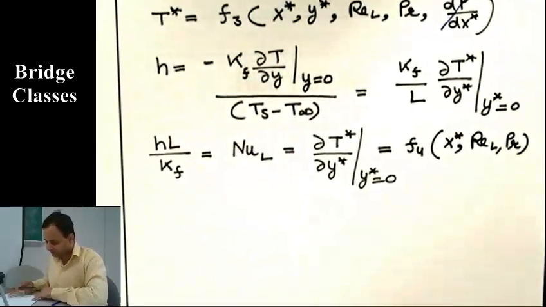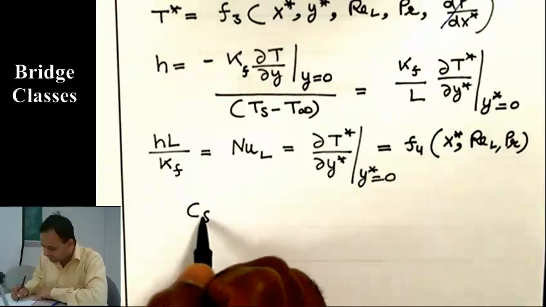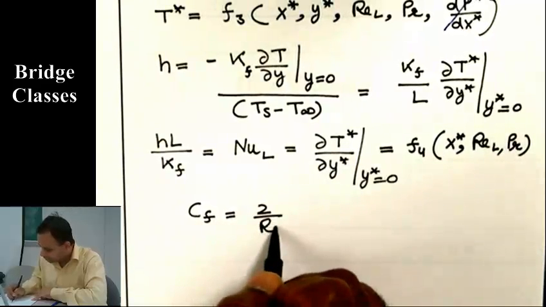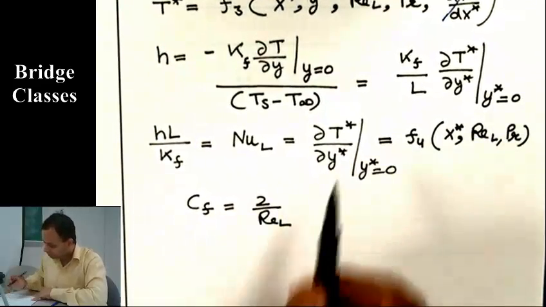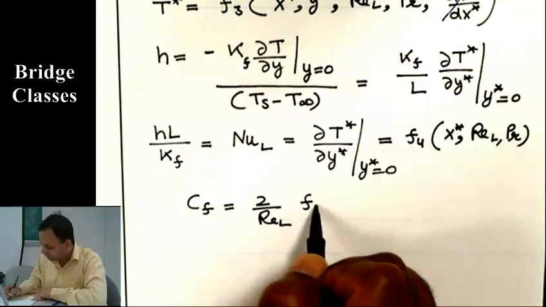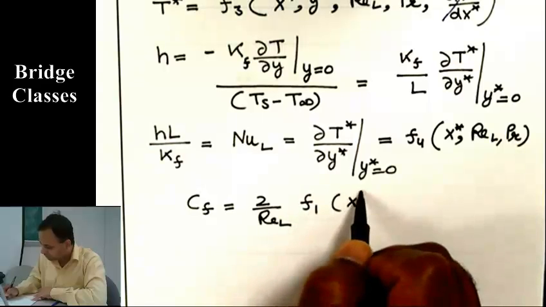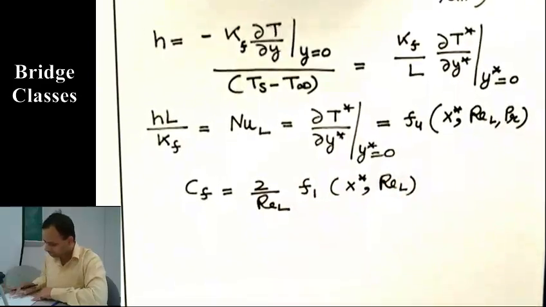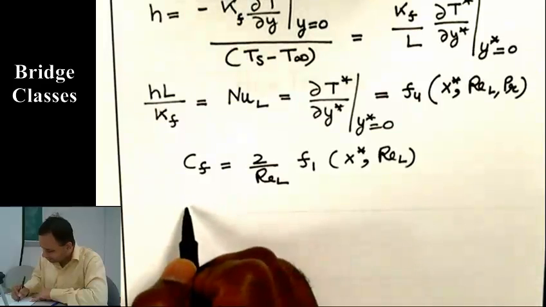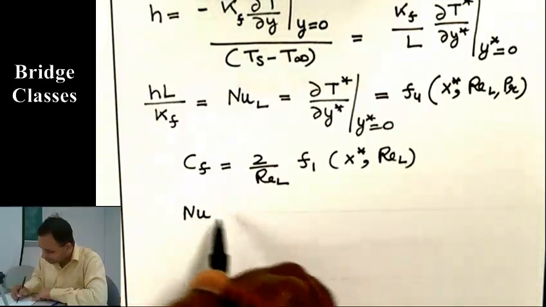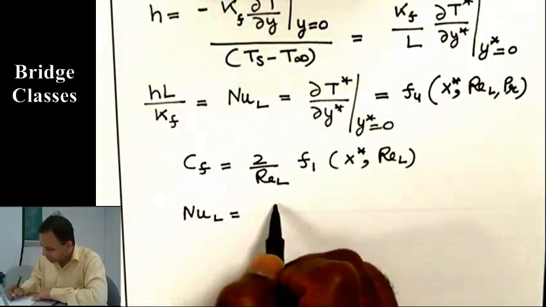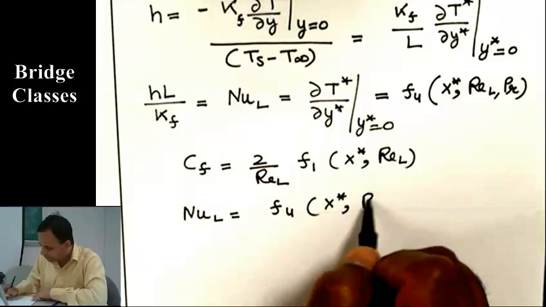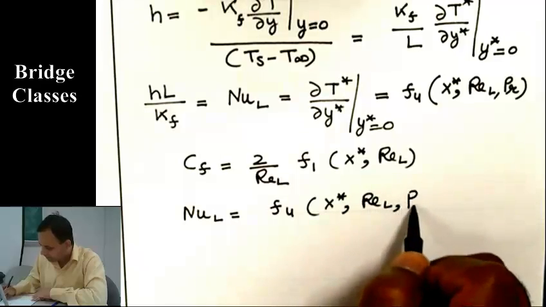Let me summarize it. We got Cf is twice over Reynolds number times some function of x star and Reynolds number. And we got Nusselt number is some function of x star, Reynolds number, and Prandtl number.